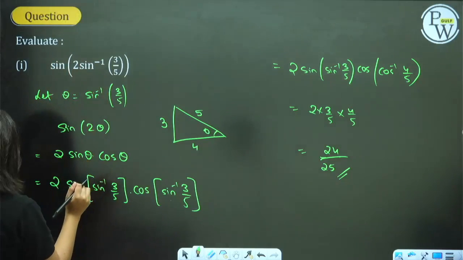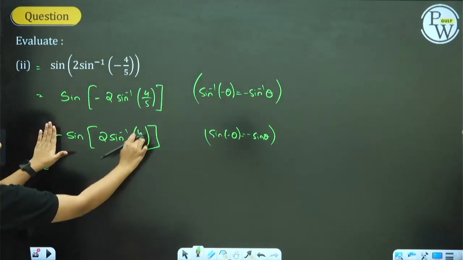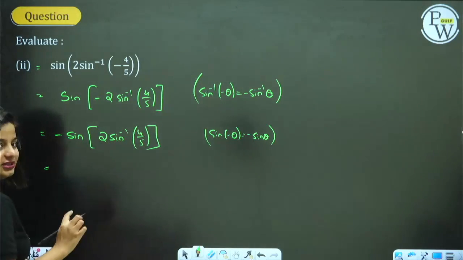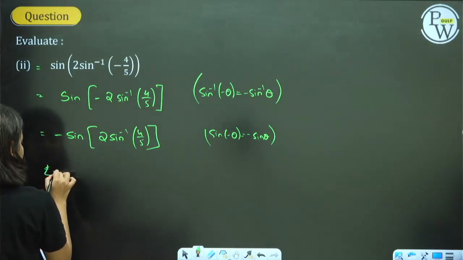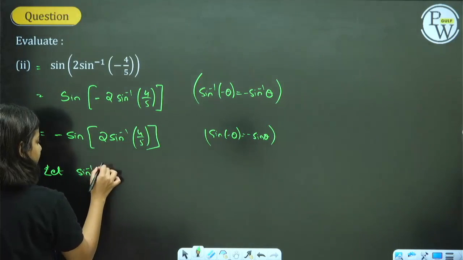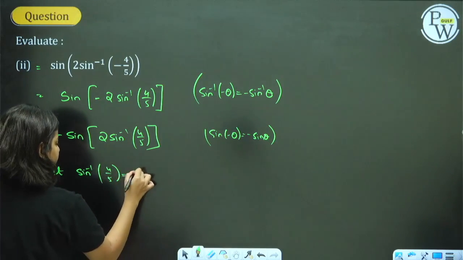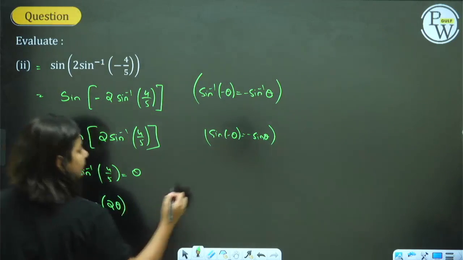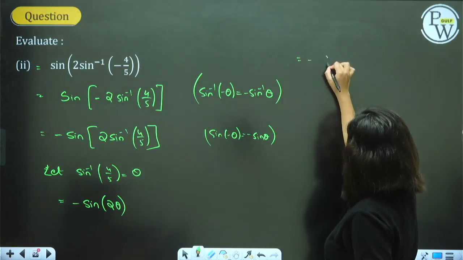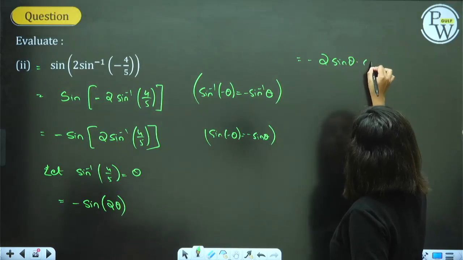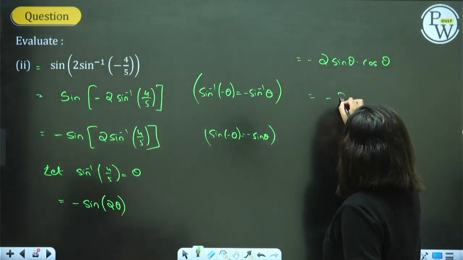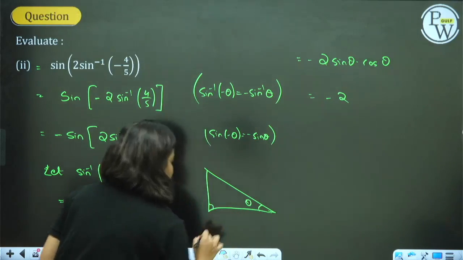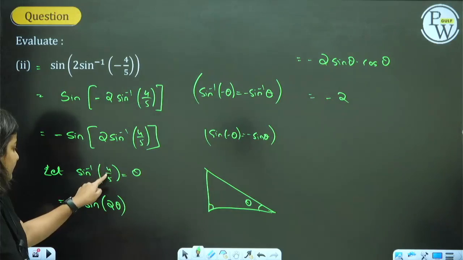Sine 2 sine inverse 3 by 5. Here there is sine 2 sine inverse 4 by 5. Aha, you know this is going to be your theta. So let sine inverse of 4 by 5 be equal to theta. That means the question turns into minus sine of 2 theta. Simplifying it, minus as it is, 2 sine theta into cos theta, which is minus 2. From the triangle, draw the triangle properly, Pythagoras theorem. Sine of 4 by 5.